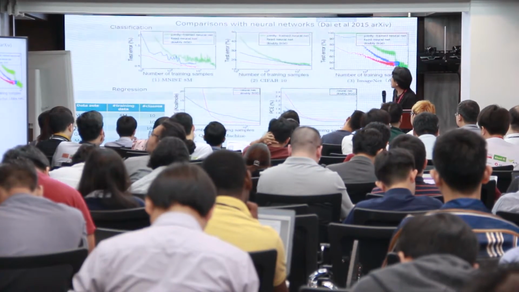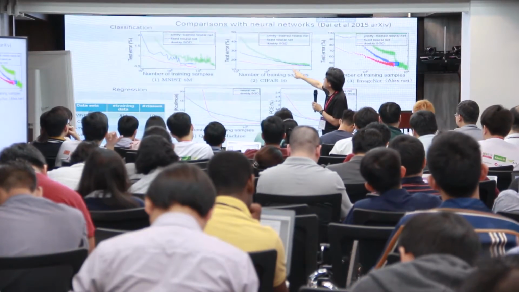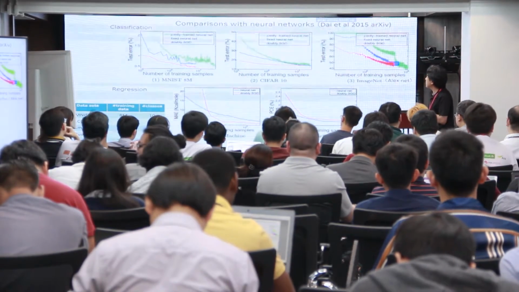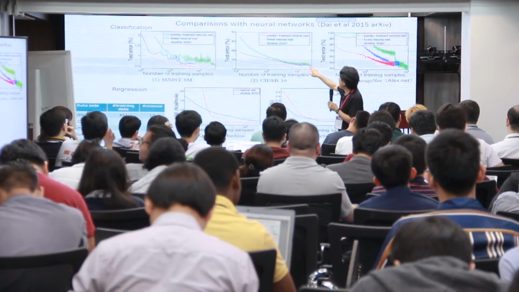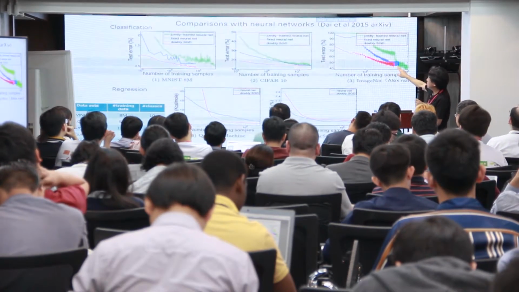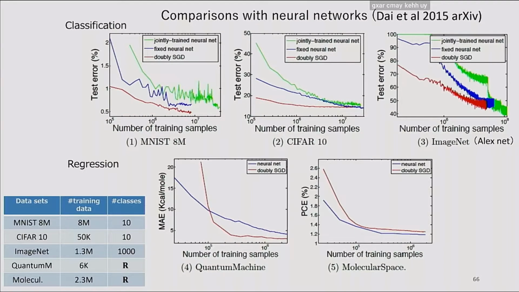And you can see that for a small number of training samples, the kernel method is significantly better than the neural network. But it seems that the neural network can handle more data, and if the data size is increasing, well, still the red ones show very competitive results to the neural network. And the bottom 2 figures show the continuous output case, kernel ridge regression basically.